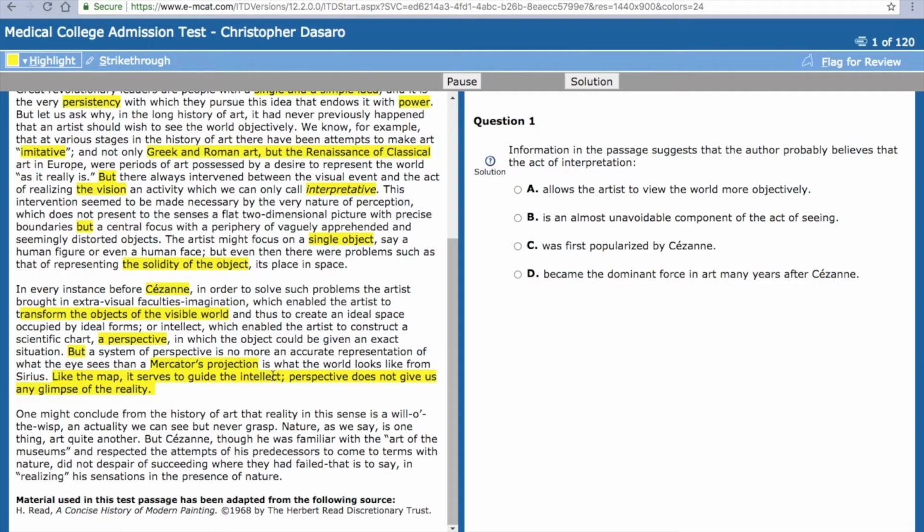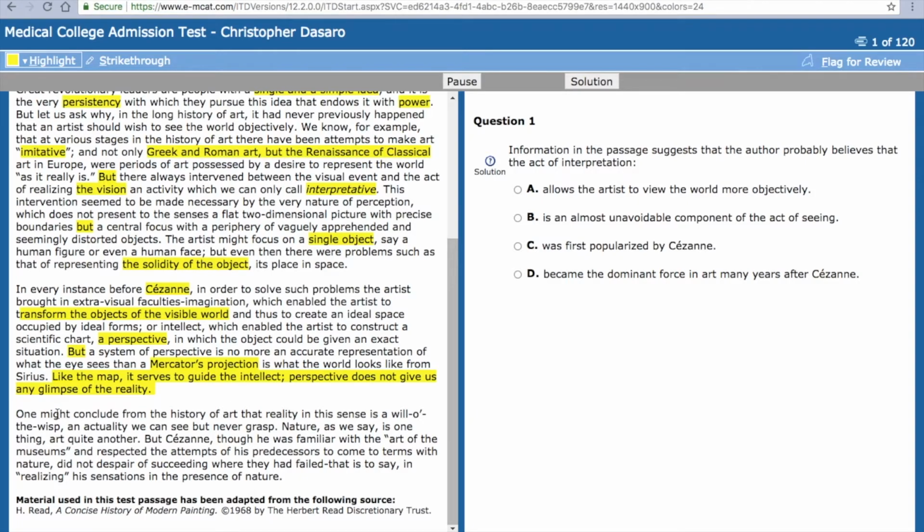That's why Mercator projections are usually distorted. So maps just serve as a guide. Perspective, in the same fashion, is just a guide for your interpretation of a painting. Because, again, it's a 2D surface.